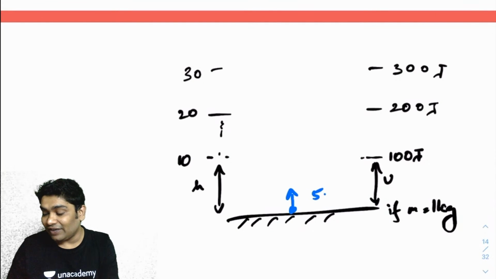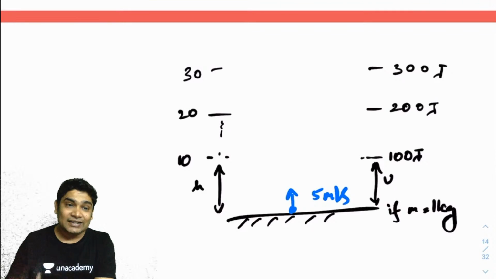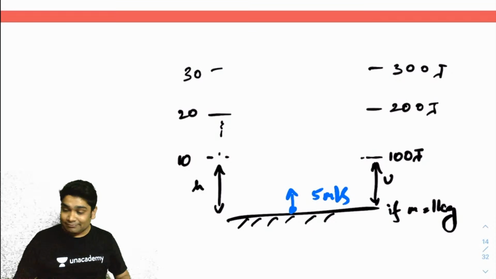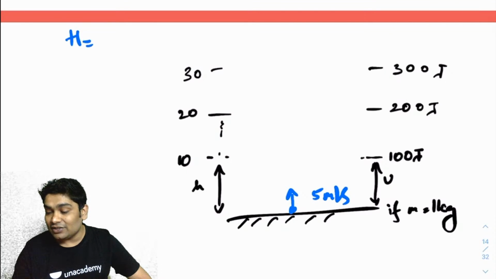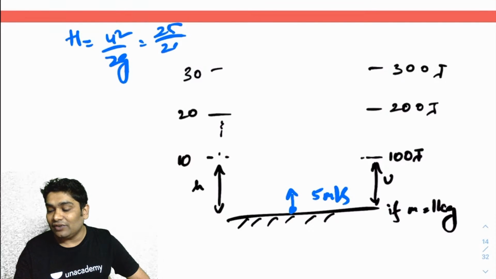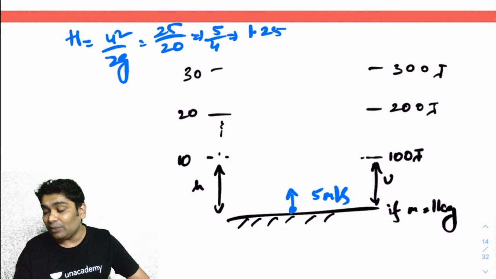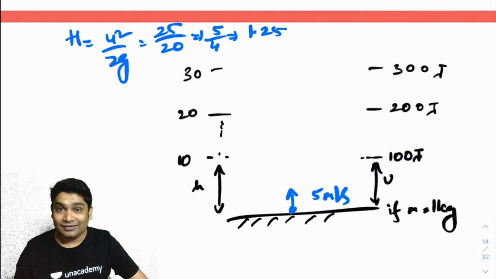What is the maximum height that this can go to? I hope you remember h is equal to u square over 2g. So that will be 25 over 20, which is 5 by 4. So this can only go up to 1.25 height, right?